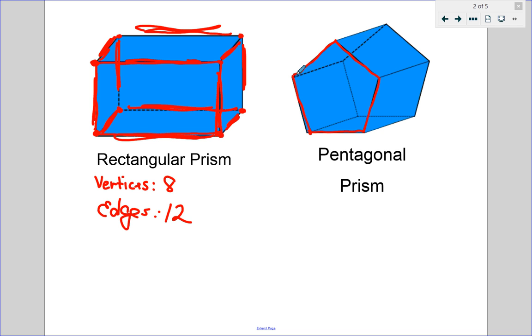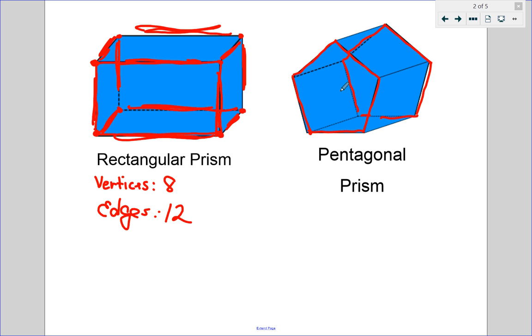And if we look at the back face over here, it matches this. It's another pentagon. They're parallel faces. So that pentagon and that pentagon match up with each other.